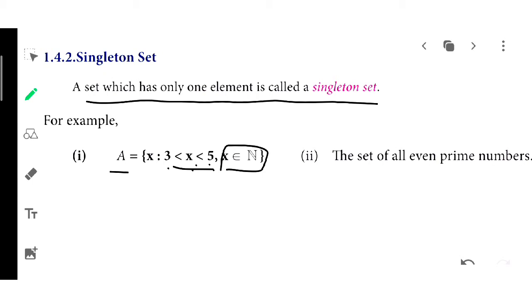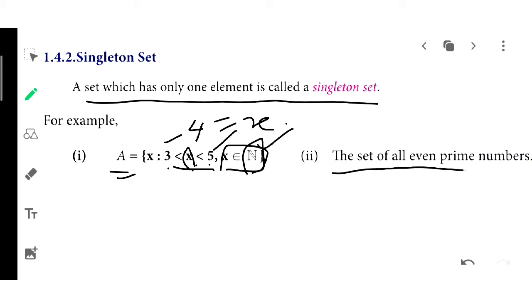It must not be anything other than natural numbers, which run from 1 to infinity. It should not hold any negative values. Okay students. Now considering x greater than 3 and less than 5, and also with the condition of natural numbers, we can have only 4 here. That is, x must be 4, and this set A is called a singleton set.